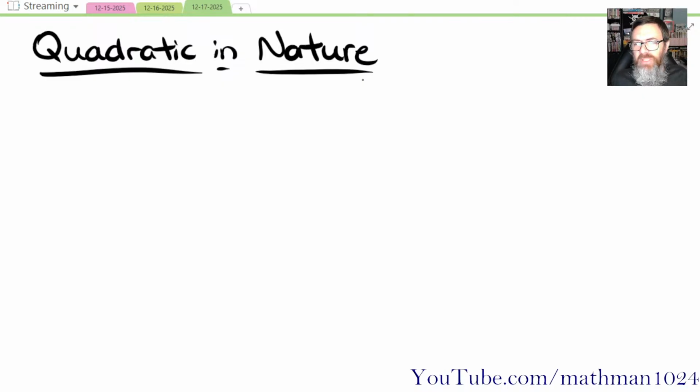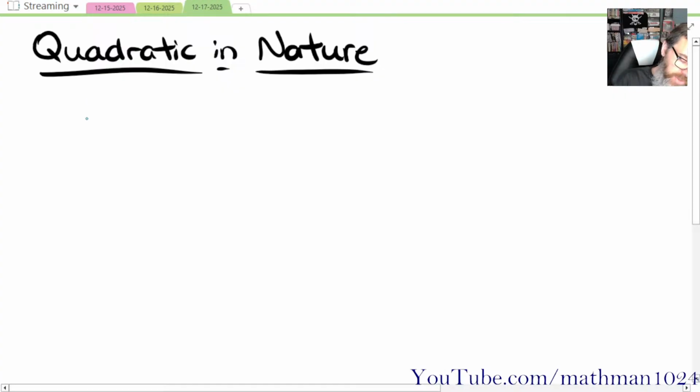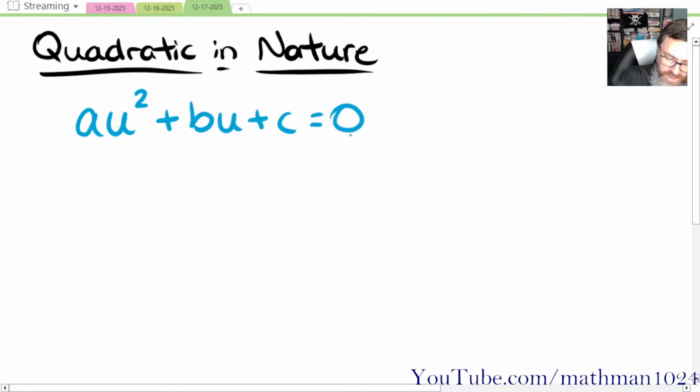But they have certain quadratic tendencies to them. So these are going to be equations that look kind of like this: AU squared plus BU plus C equals 0, where U is some variable expression.